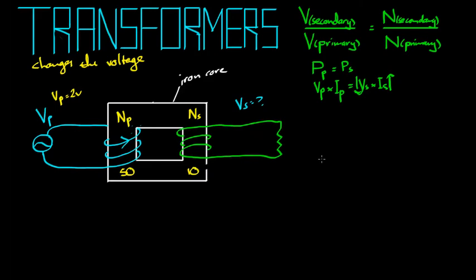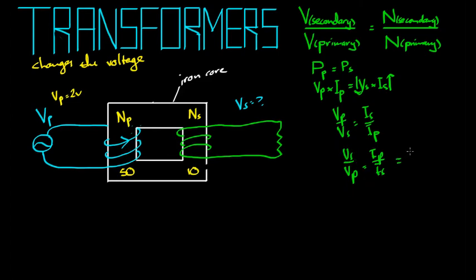Let's do an example question. No, let's look at how the current changes. If I get Is over Ip, so rearrange, Vp over Vs is equal to Is over Ip, and I'll swap both these around, Vs on Vp is equal to Ip on Is.